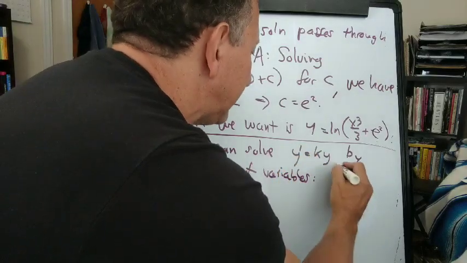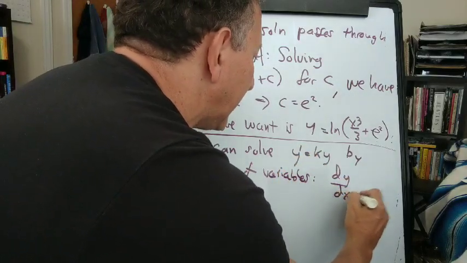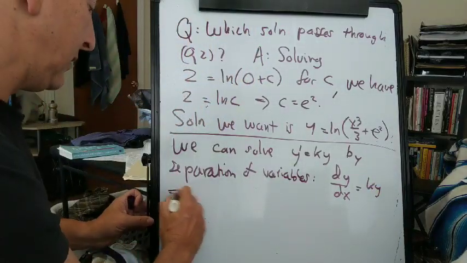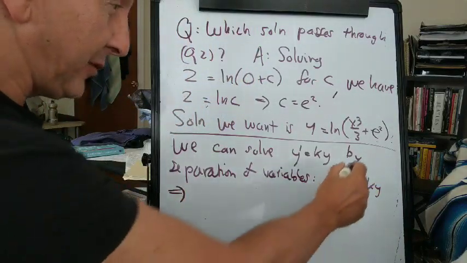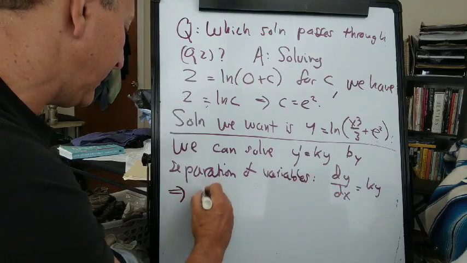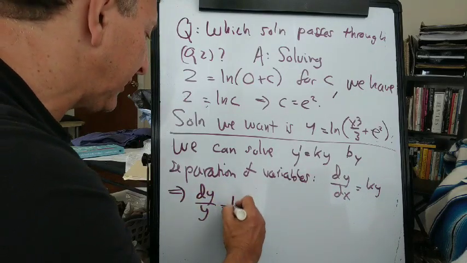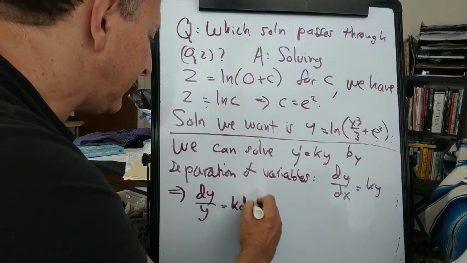So this says that dy dx equals ky, which means that we can divide both sides by y, dy over y equals k dx.